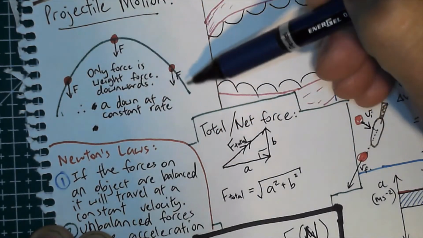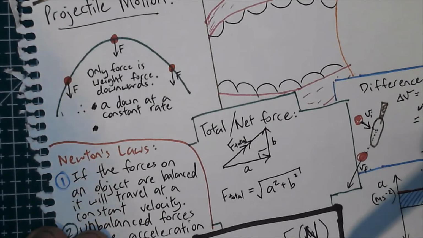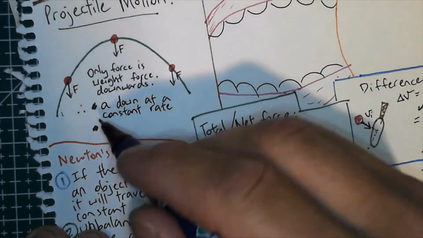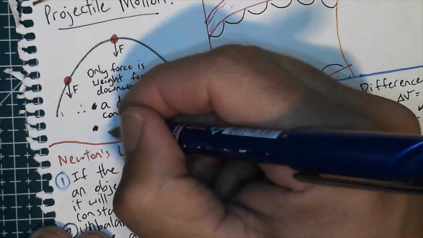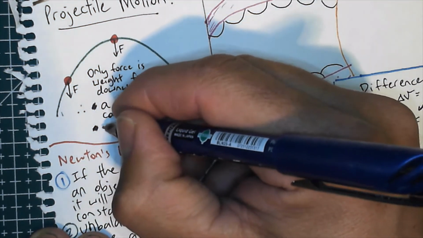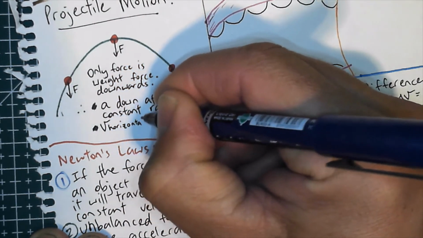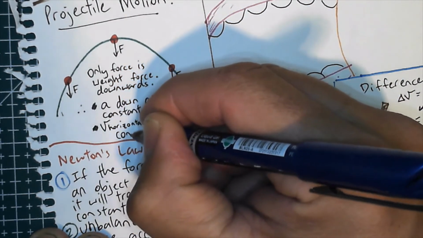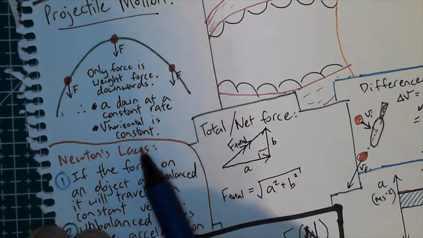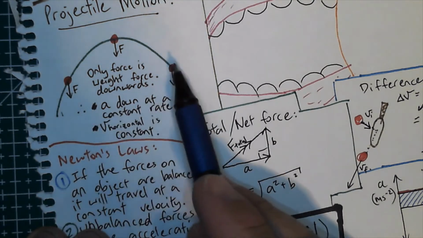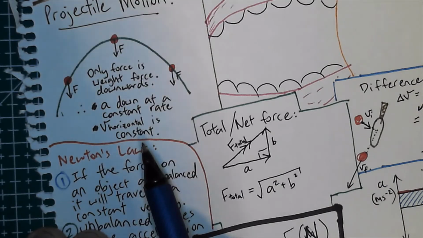Because that force is constant and the mass of the object is constant, then the acceleration is also constant. And when we consider the horizontal frame of reference, the horizontal velocity remains constant. The reason for this is that there are no horizontal forces acting, so there is no acceleration horizontally, so the velocity must remain constant.